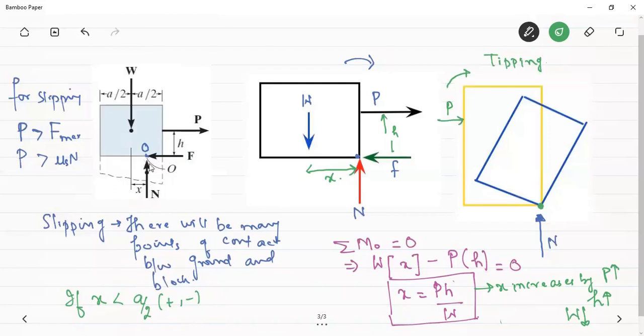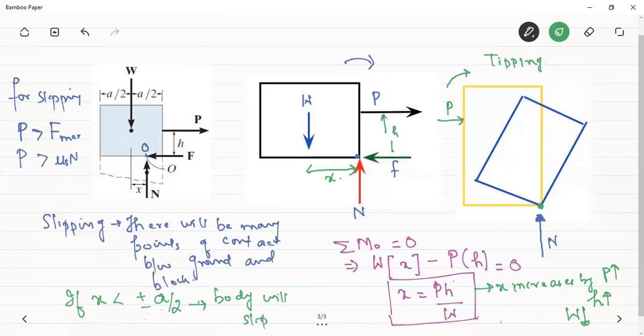Because the normal reaction can lie either on the right hand side or on the left hand side. So we can say that if x is less than plus minus a by 2, the body will slip.